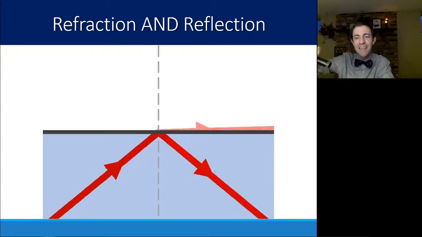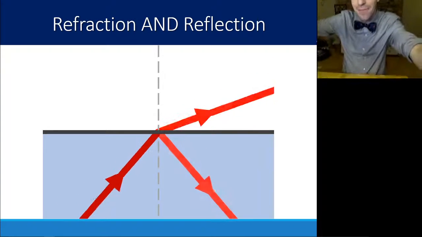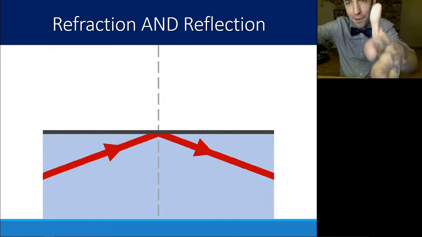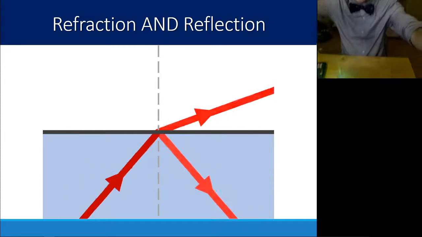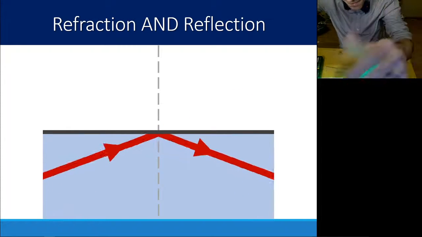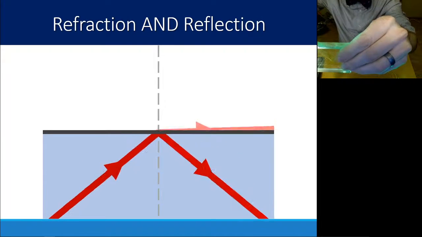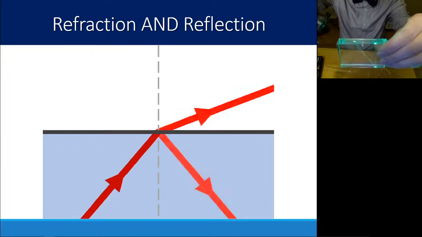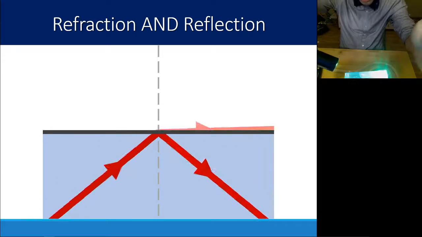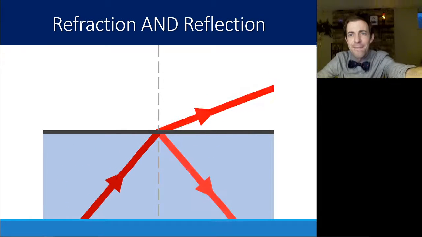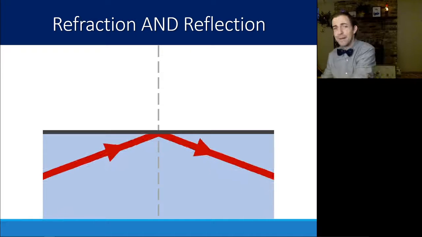There is a significant amount of light that reflects upward to hit my hand right here, even though when I'm firing this in here, a lot of it does bend. Some of it reflects off the top of this block and then bounces into my hand.